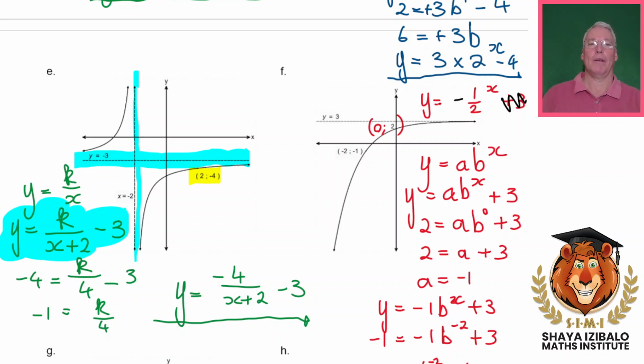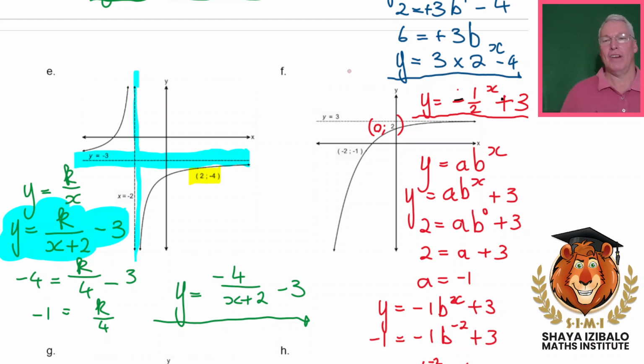I wanted to just put a line through for now. 1/2 to the x comes downhill. What does that negative do to the graph? It reflects it so that it now goes uphill. And that's why we can see it's now going uphill. And what does the plus 3 do? Well, the plus 3 actually shifts it up 3. That's why that graph has that equation.